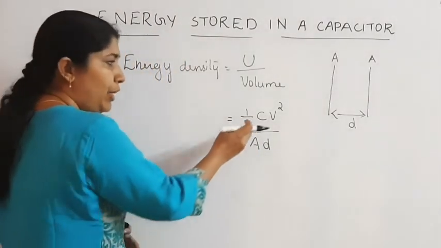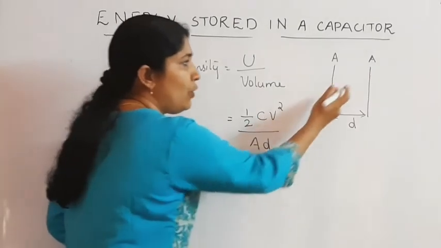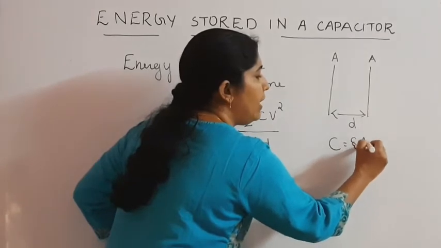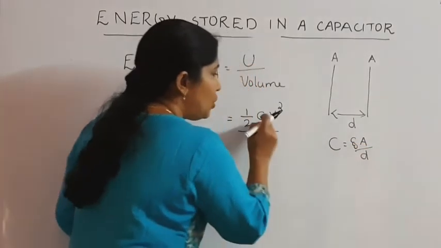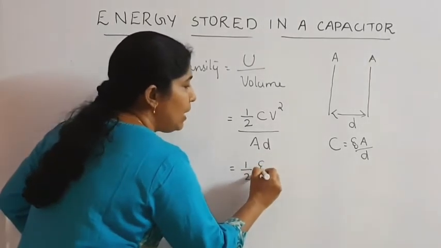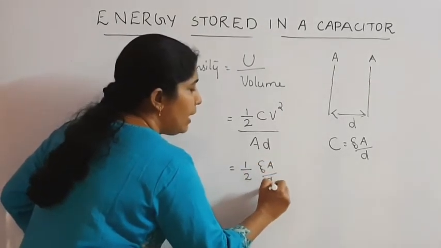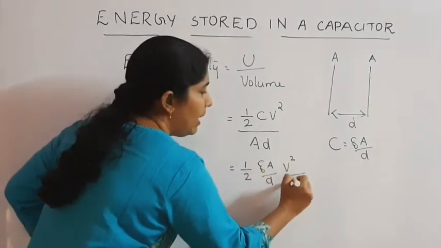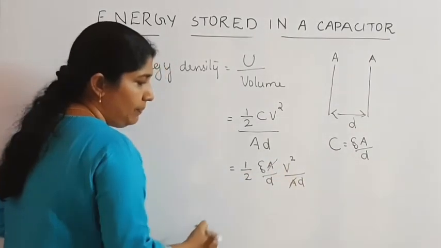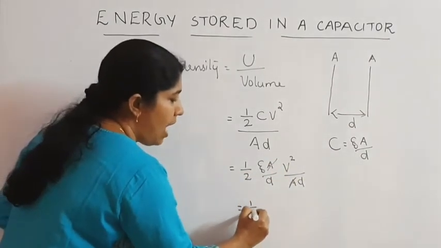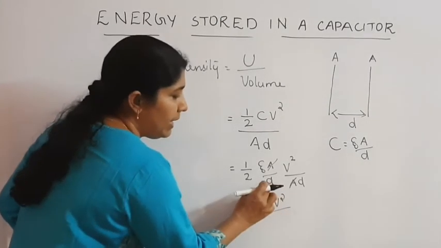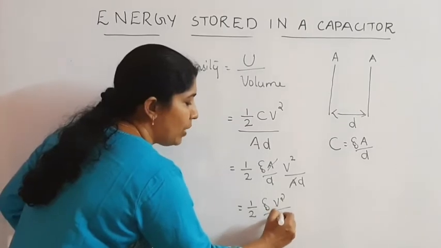We know that the capacitance of this capacitor is equal to epsilon 0 A divided by D. Now substitute that value here. Then we get half into epsilon 0 A divided by D into V square divided by AD. A gets cancelled. Then the equation becomes half epsilon 0 V square divided by D into D, that is D square.